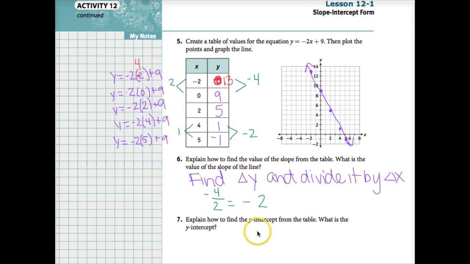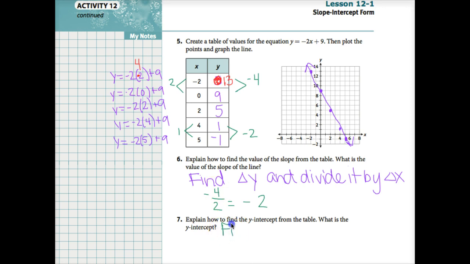Number 7 wants us to explain how to find the y-intercept from the table. So we should already know what the y-intercept is, but this is, again, making connections, just pointing out how, when you haven't already seen the equation, you could find the y-intercept. Remember that because the y-intercept is on the y-axis, the x value is always 0.